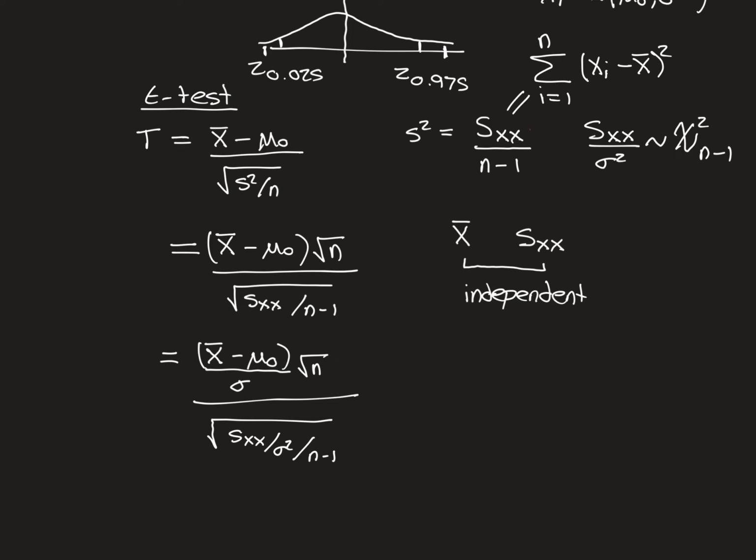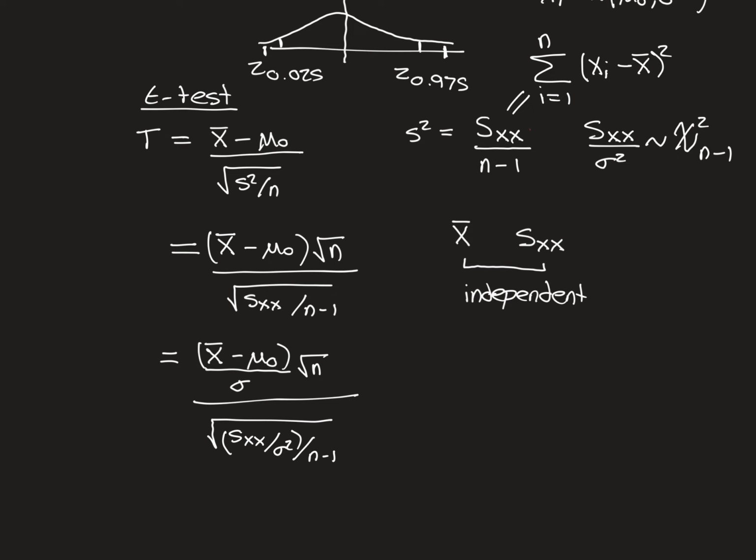Hopefully you agree that this is okay. I've brought the 1 over sigma in here, and then I've rewritten it like this. You would initially have it as sxx over sigma squared times n minus 1, but then you can split that up like so, and the reason I've done that is because it's helpful to have these two things together like this.